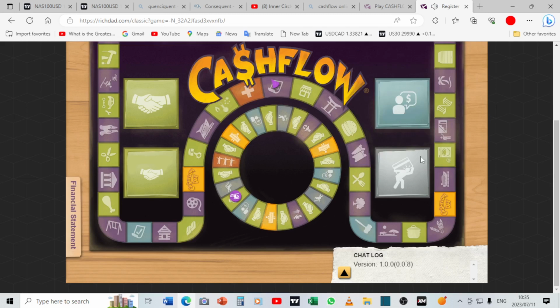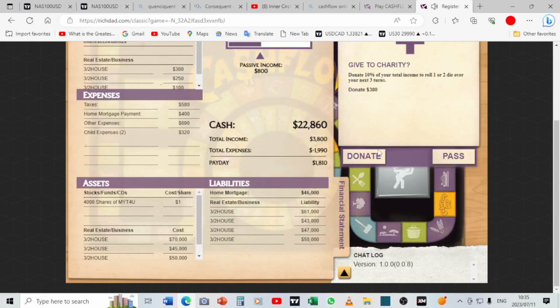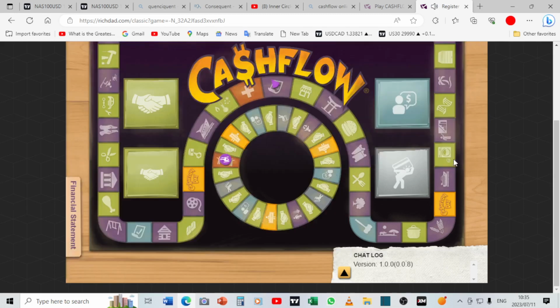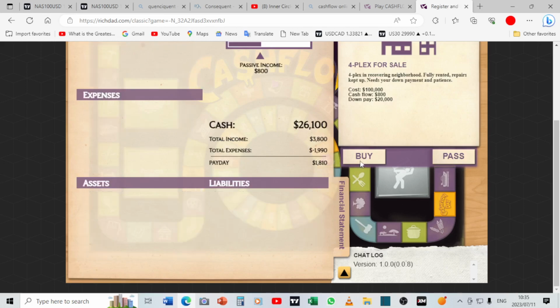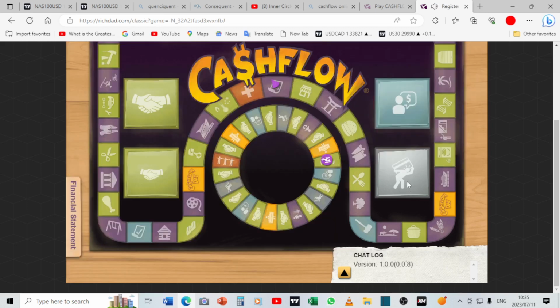It's expensive, but that one. Let me just buy big.